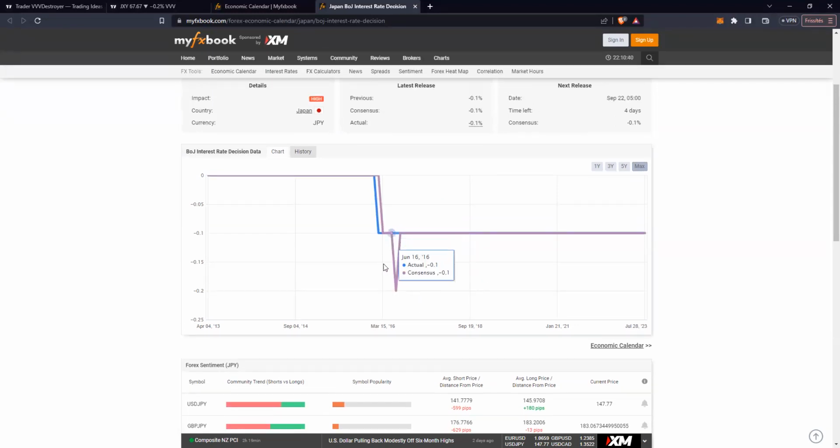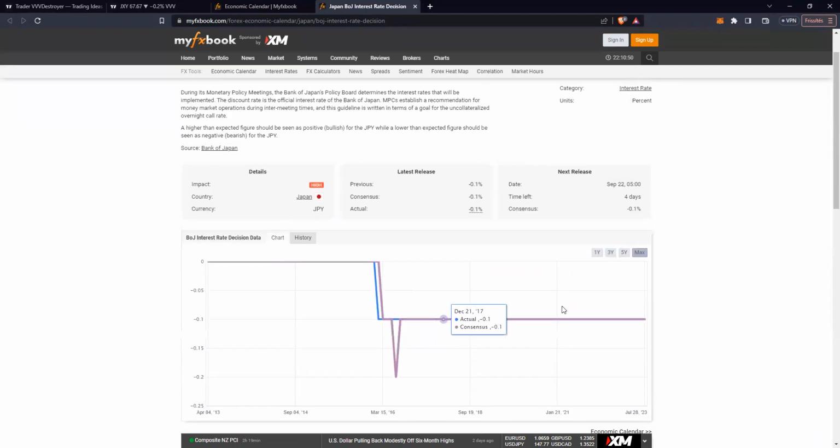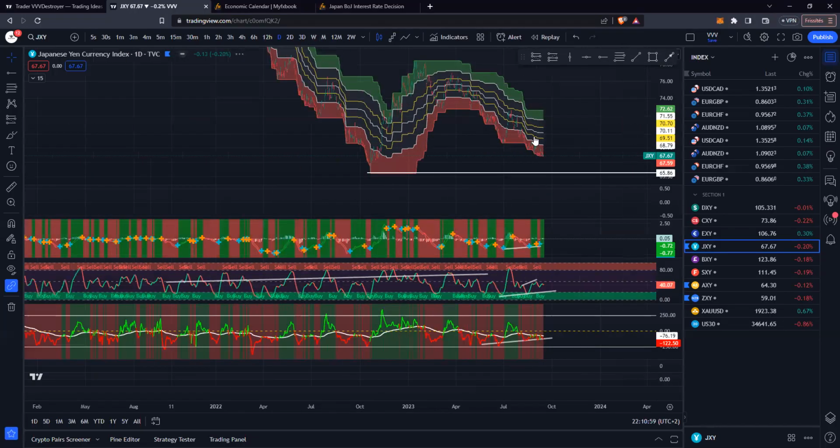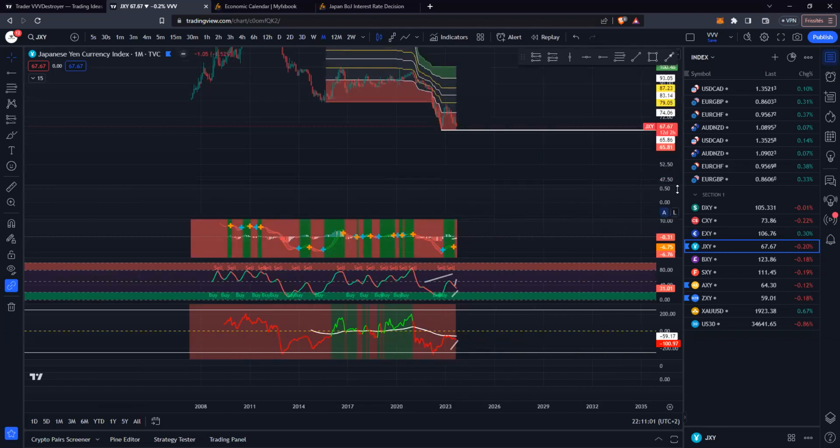In the last 7 years, there was no raise of the interest rate, but they can't hold onto that forever. If it happens, this could be a big correction, I would say even to come back to the 61, which would mean a huge strength from the Japanese yen.